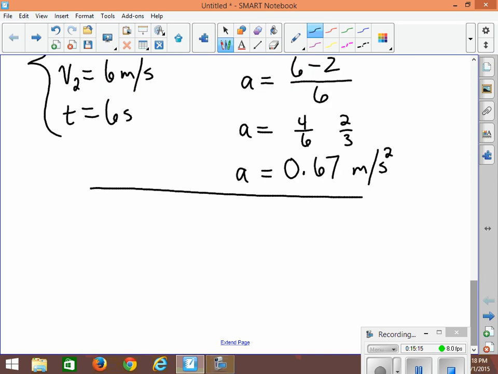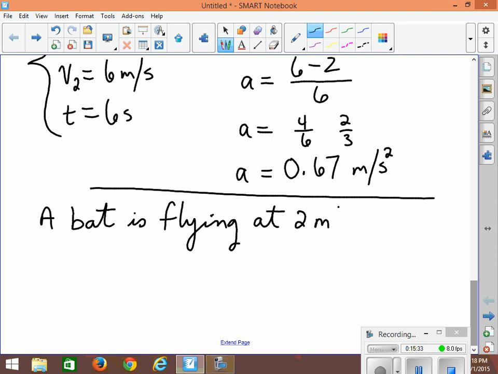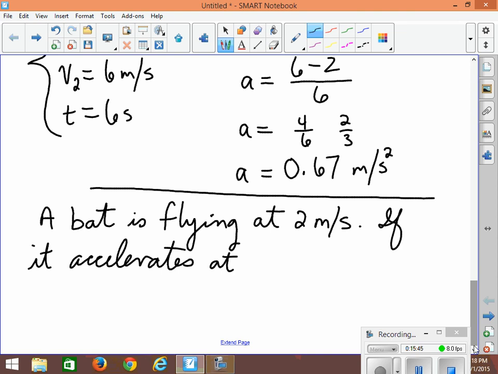What if we didn't know something else? What if we had a question where it said a bat? Not a baseball bat, but a mammal bat, the one that flies. A bat is flying at 2 meters per second. If it accelerates at, we'll make it a fast acceleration, 3 meters per second squared, which I guess is reasonable if you're flying.